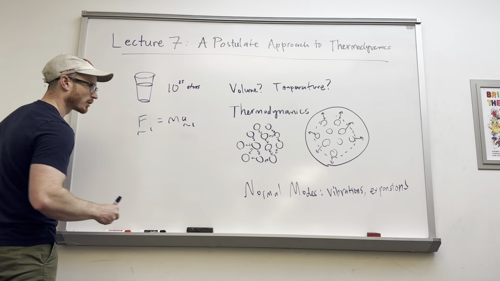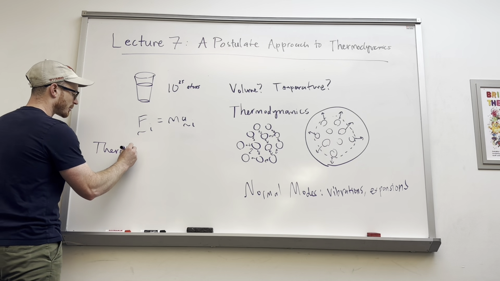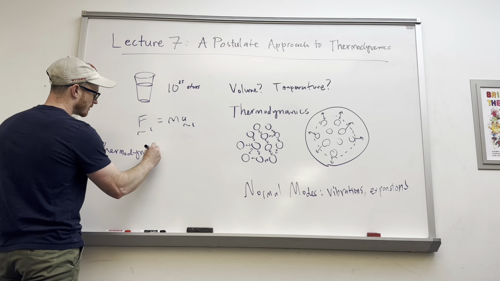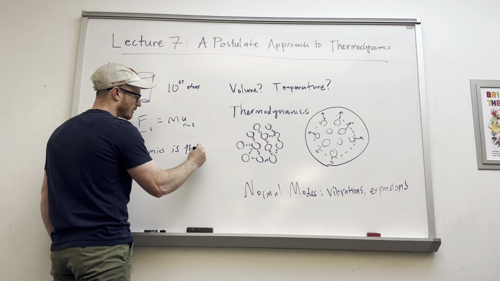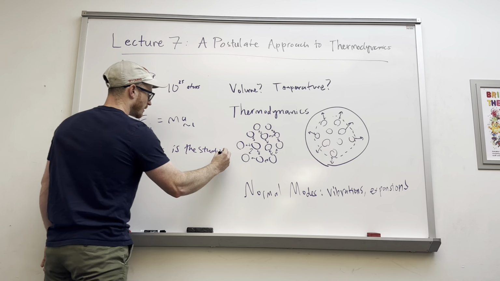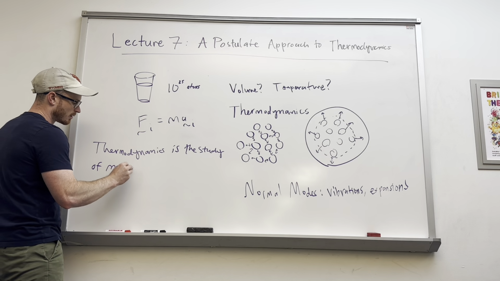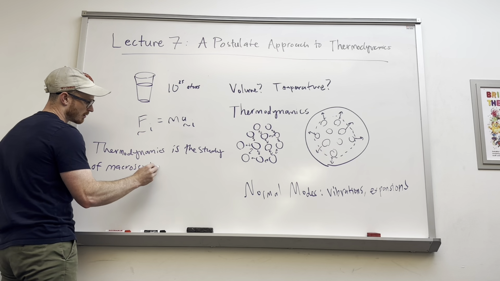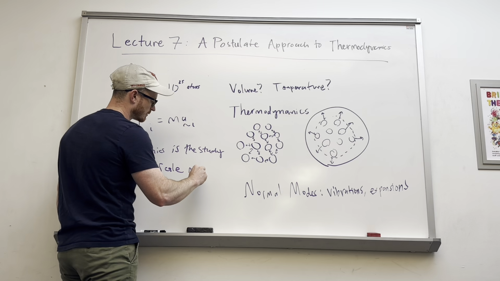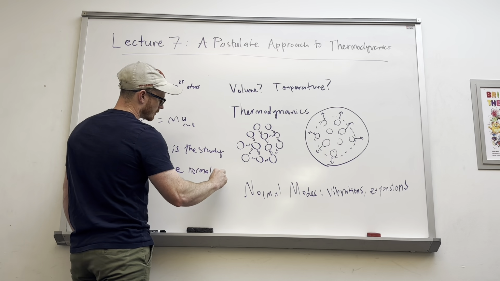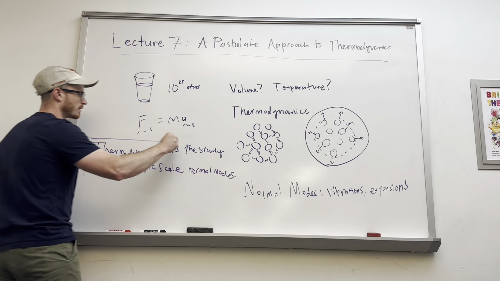So really what our working definition of thermodynamics is going to be is that thermodynamics is the study of macroscopic scale normal modes. So things we could actually observe at a macroscopic scale.